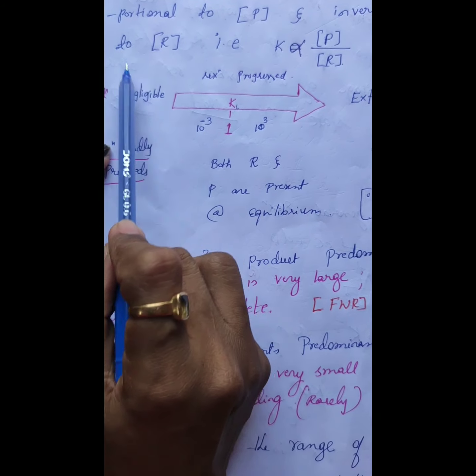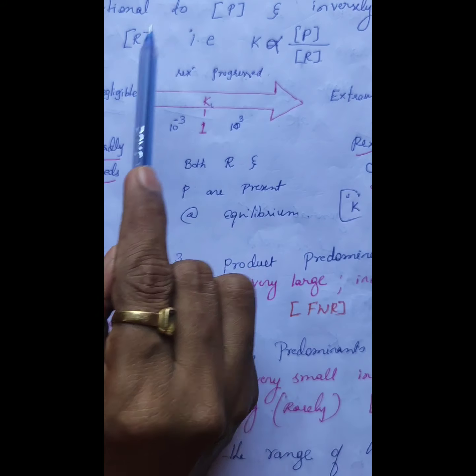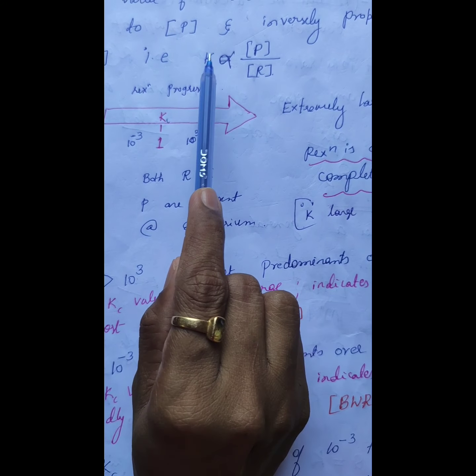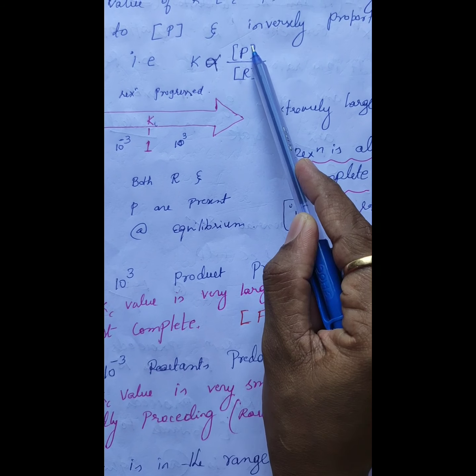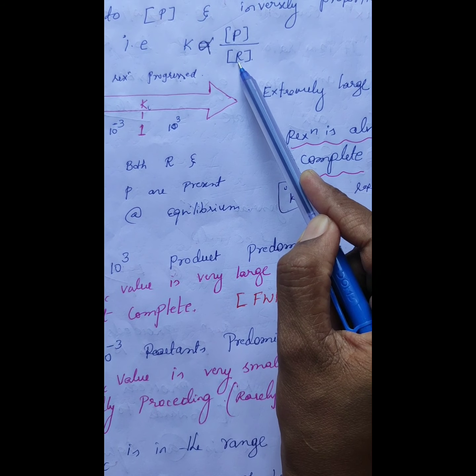Here you all know square brackets indicate concentrations, P with respect to product and R with respect to reactant. K stands for equilibrium constant, directly proportional to product, inversely proportional to reactant. Okay, that is a general explanation.